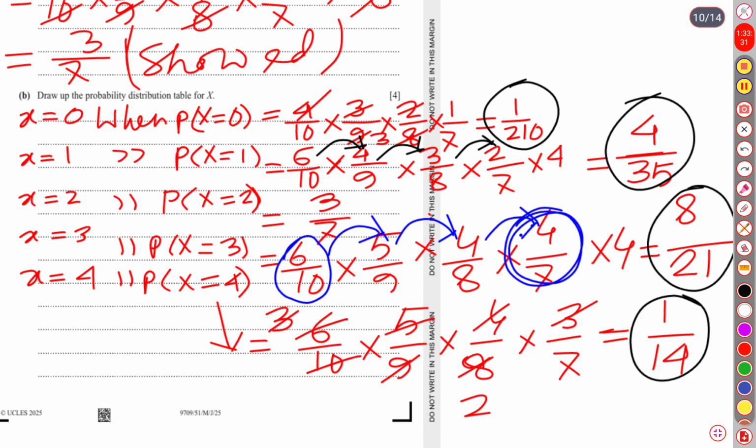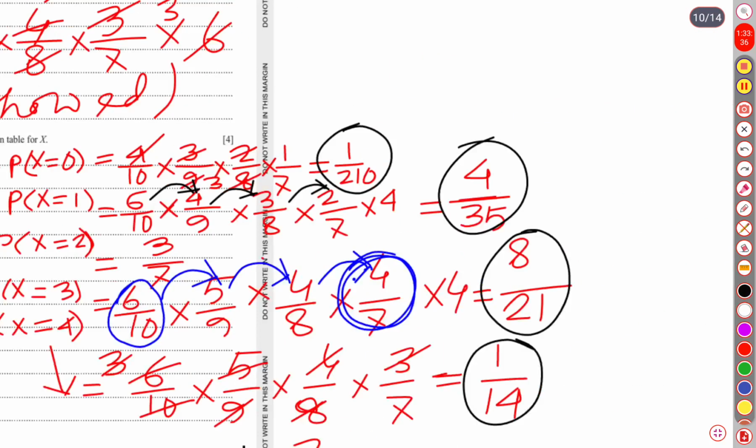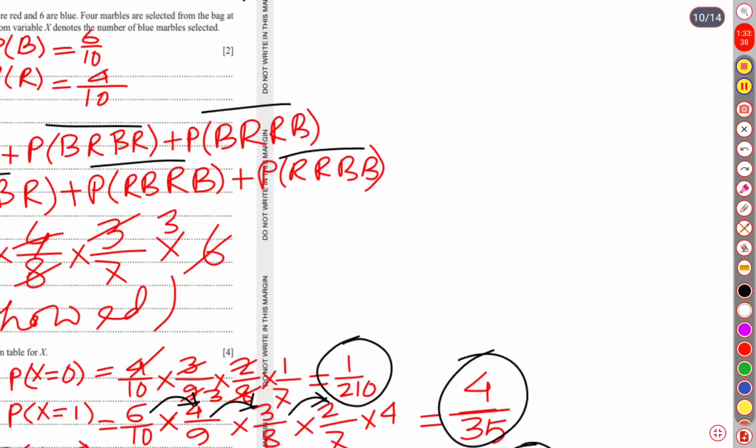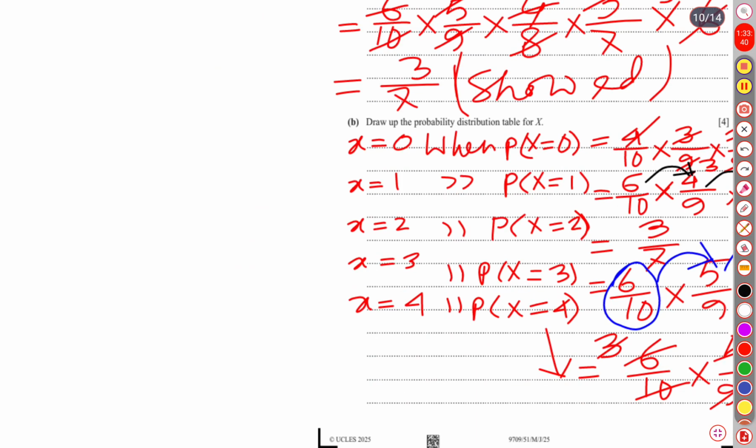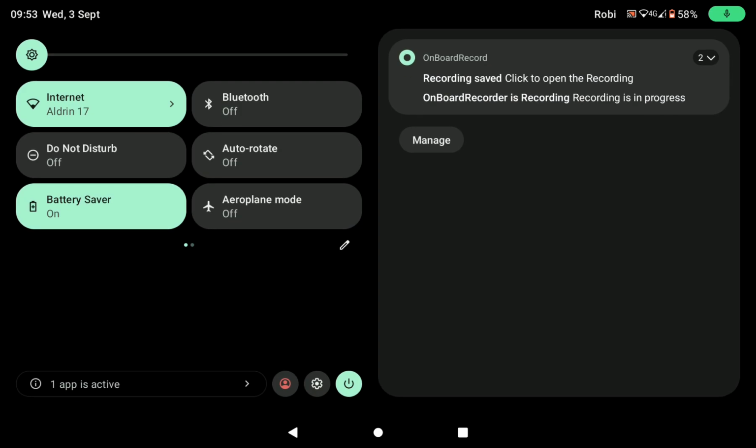Now we are going to draw the probability distribution table. As I don't have space over here on the right side, I think on the left side I can write. So before moving on to that later, let me write that probability distribution table, using different ink. Probability distribution table.